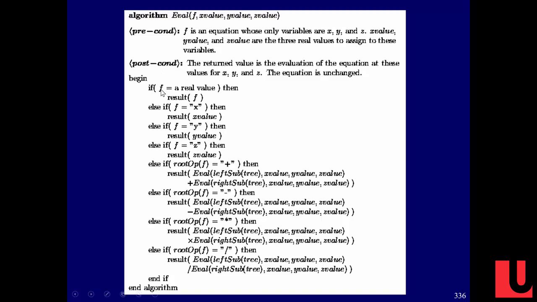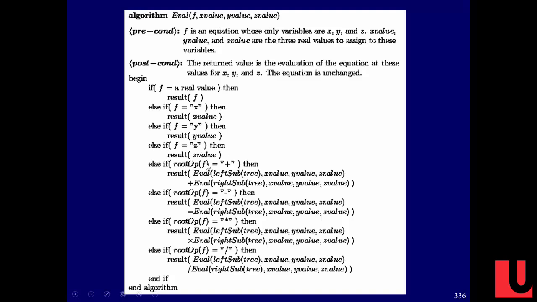Well, the base case is if f is just a real number, then you return that real number as the answer. And if f is the character x, then you return the value for x. And if f is a y or a z, it's the same.